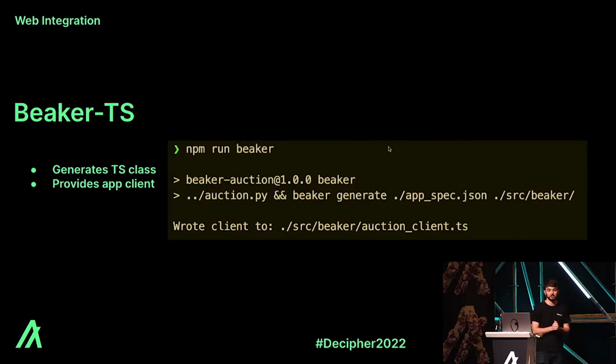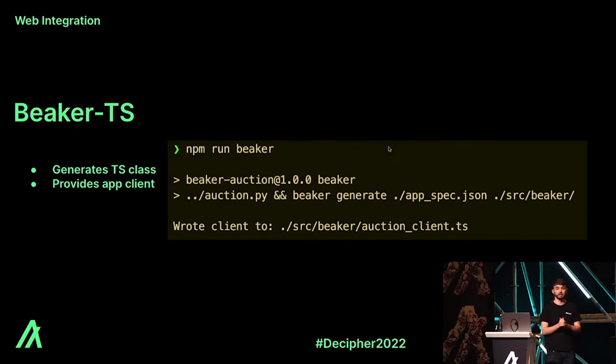But the first thing to mention is this tool. Basically what it does is it takes a Beaker smart contract and re-implements it in TypeScript automatically. So one of the artifacts of a Beaker contract when you execute it is this thing called the application spec.